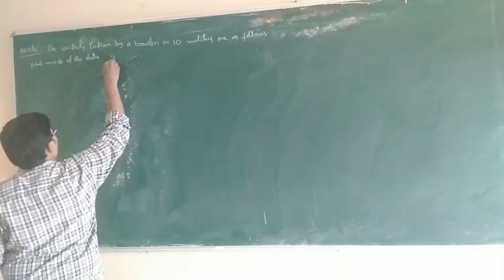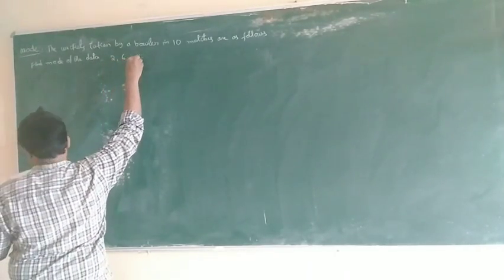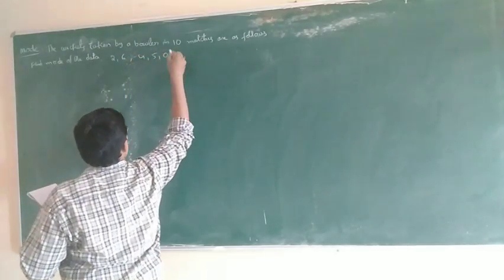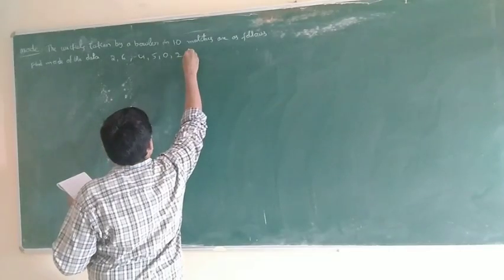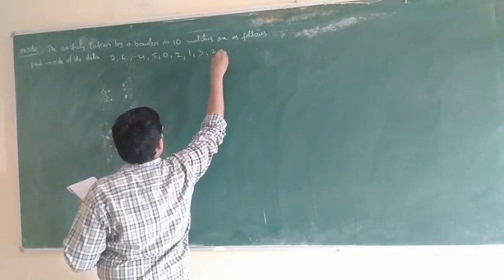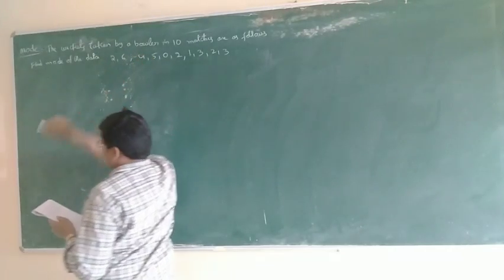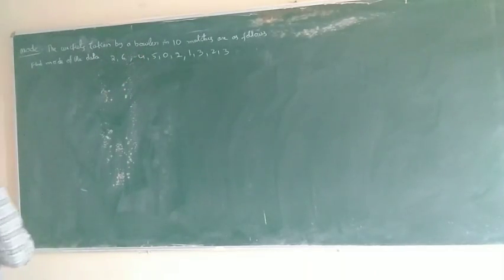2, 6, 4, 5, 0, 2, 1, 3, 2, 3. Okay, wickets taken in 10 matches.